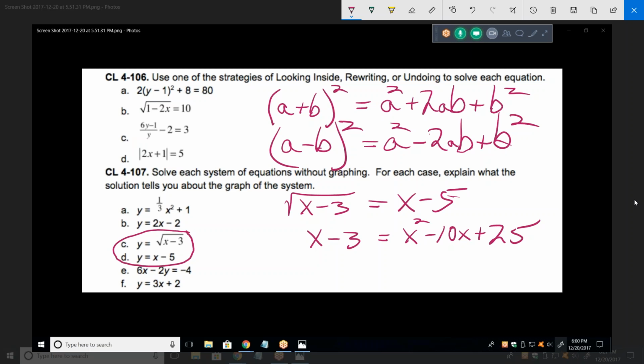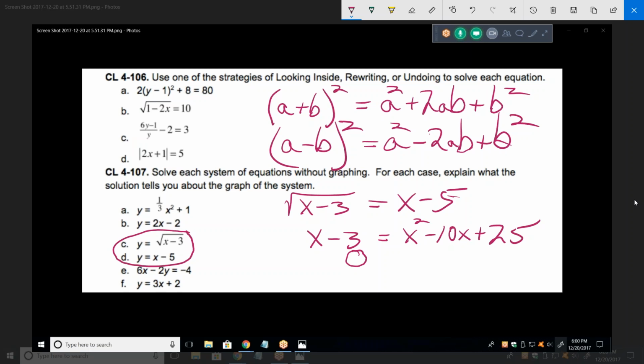Then it would be to get all the terms on one side. Yeah. So what does that give me? Okay. And just as importantly, when you get all terms on one side, you want the coefficient of the x squared term to be 1, or to be positive, not negative.